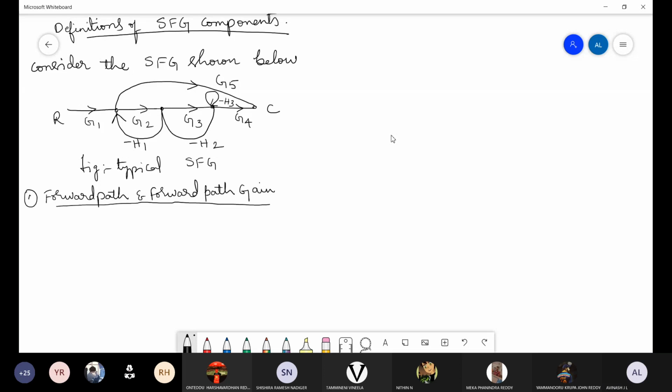Forward path is a path from input to output node that does not enter any node twice.